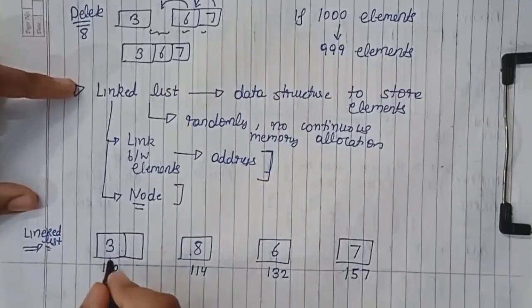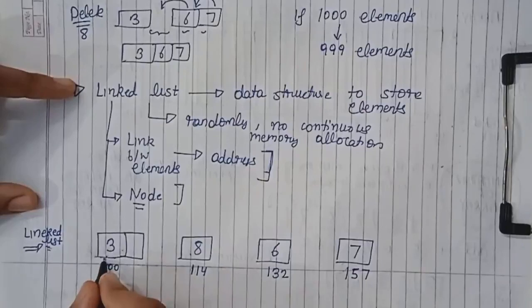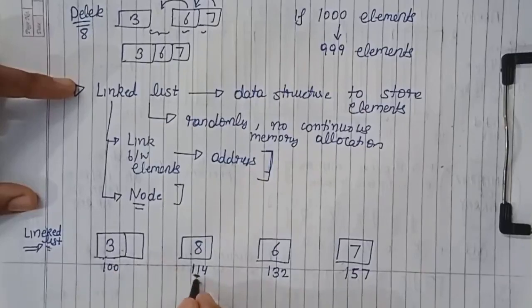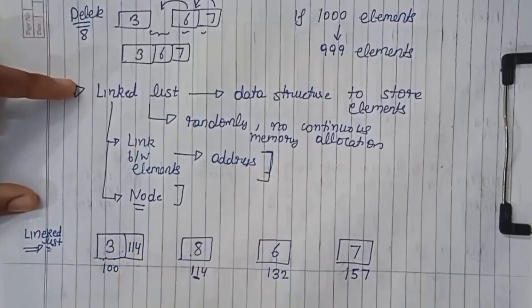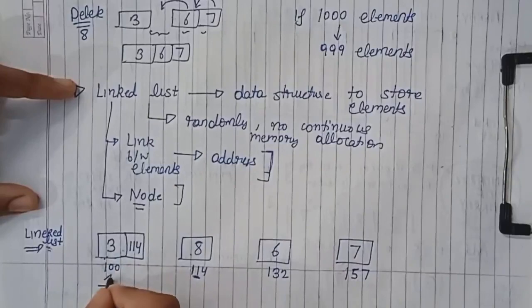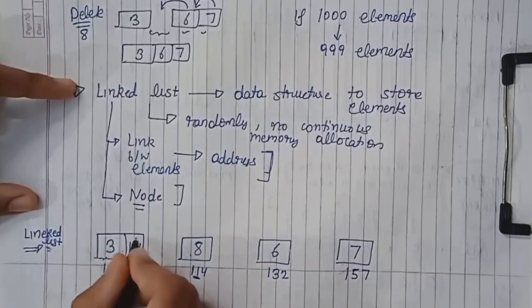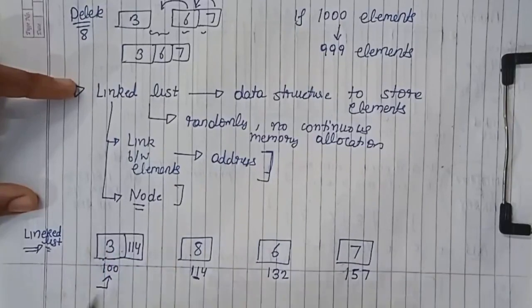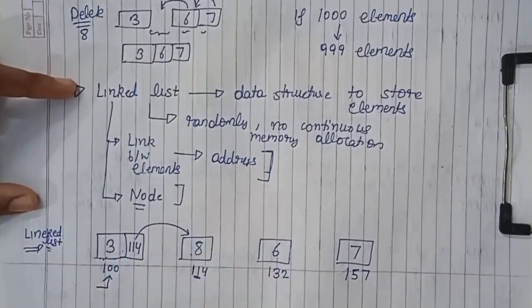That is, with the first element I will store the address of the second element, which is 114, so that whenever I read the first element, I get the address of the second element and reach that position.